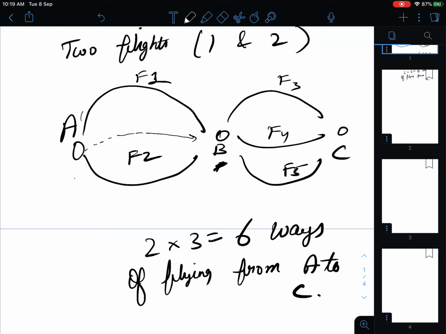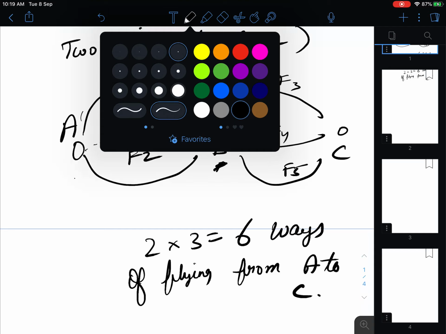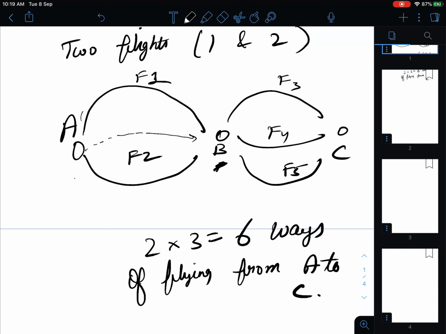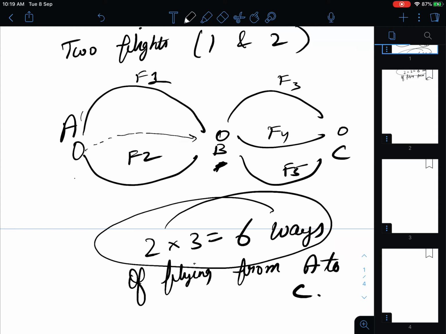The most important point to note here is that what you did in the second step, when you went from B to C, that event is completely independent of what you did from A to B. In other words, the choice of the flight from B to C had nothing to do with the choice of the flight from A to B. Thus, the 2 choices for going from A to B, when paired off with each of the 3 choices from B to C, give us 2 into 3 equal to 6 possible ways for the flight from A to C. This argument is the essence of what one calls the fundamental principle of counting.